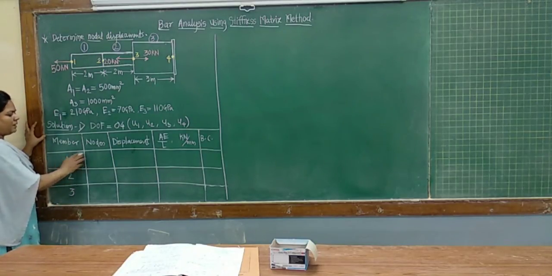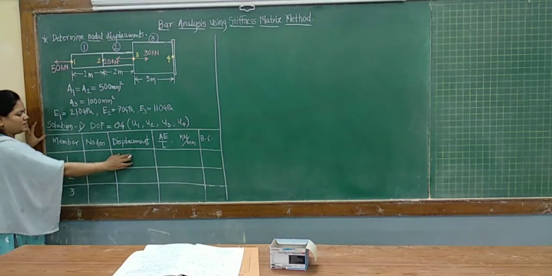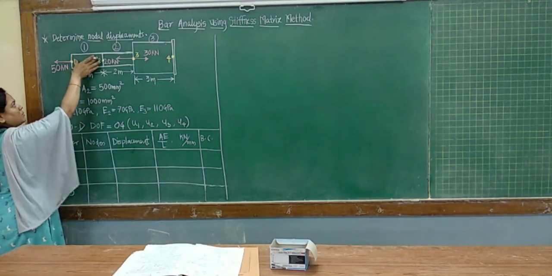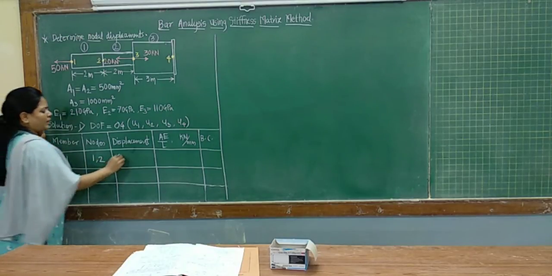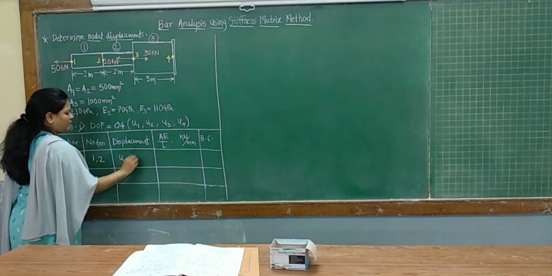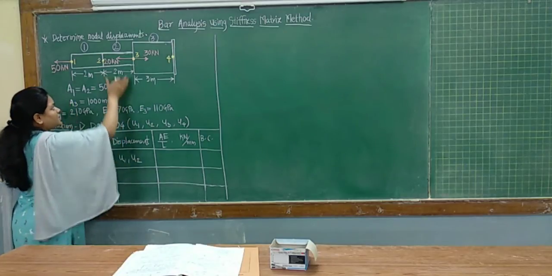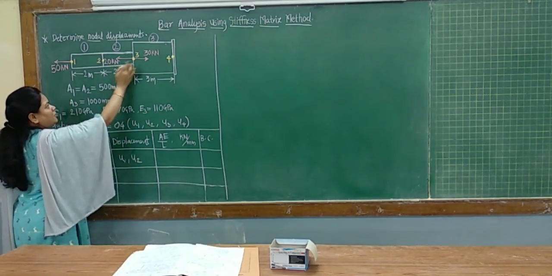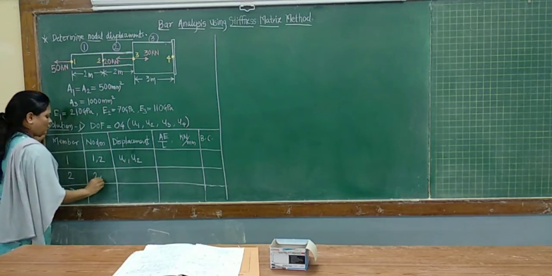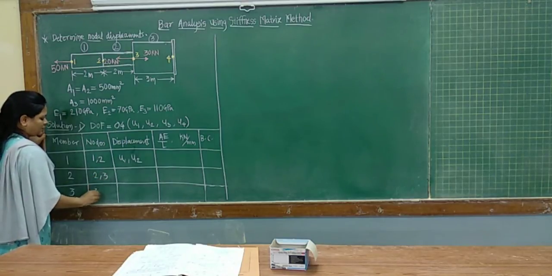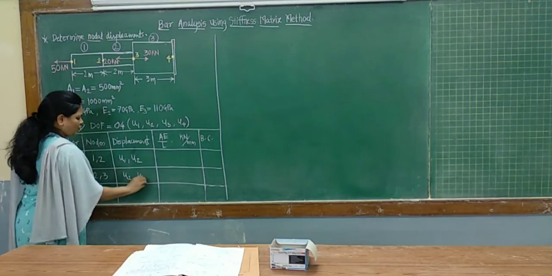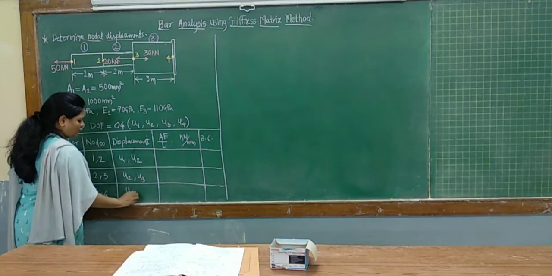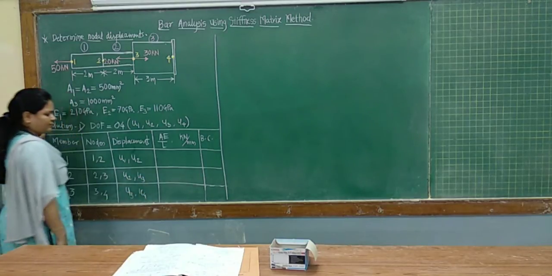Now for each member, what are the associated nodes and displacements? The first member is associated with nodes 1 and 2, and displacements u1, u2. Similarly, the second member connects nodes 2 and 3, and the last one nodes 3 and 4, with displacements u2, u3 for the second and u3 and u4 for the third.